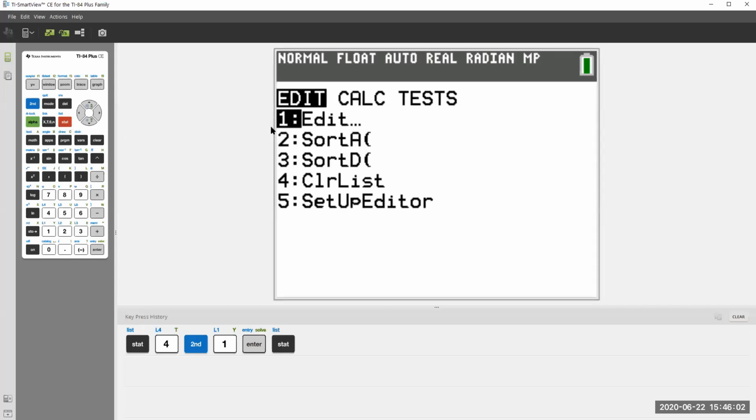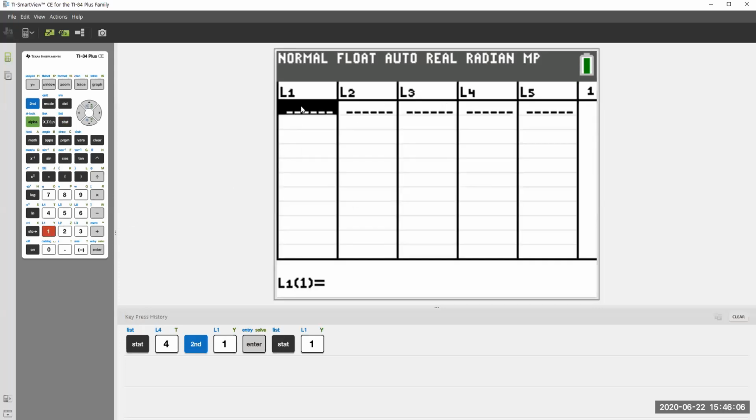And then we're going to edit, press 1. Then we enter our values. You see here on the calculator screen, L1, and I'm going to enter my data values.